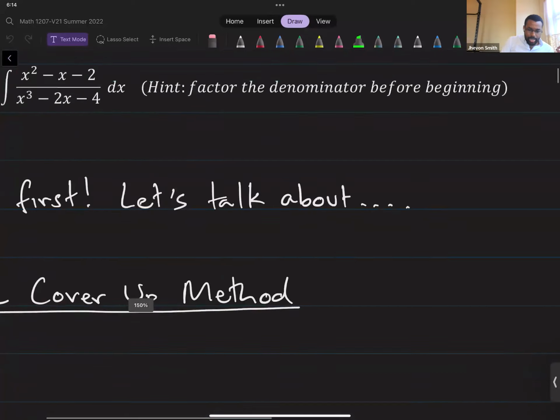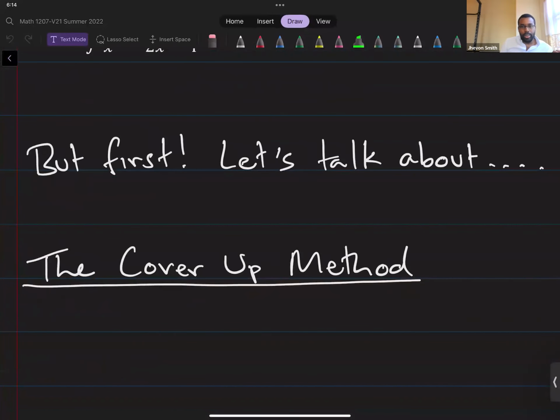But first, I do want to talk about another method, the cover-up method, which is a shortcut to finding the numerators, these generic constants that I was talking about. And it works in a very particular situation.